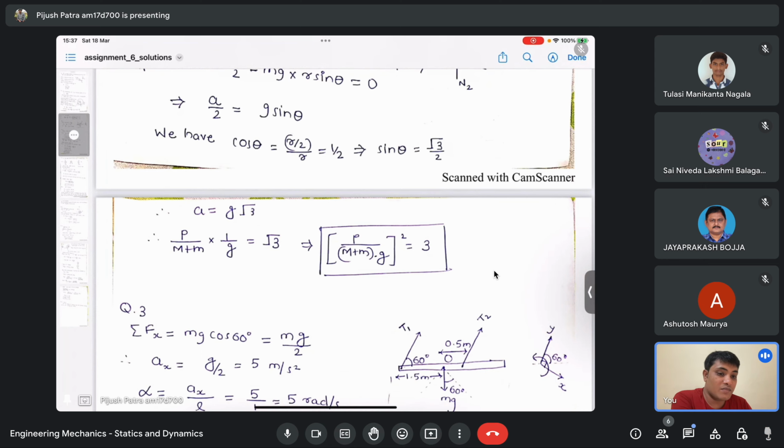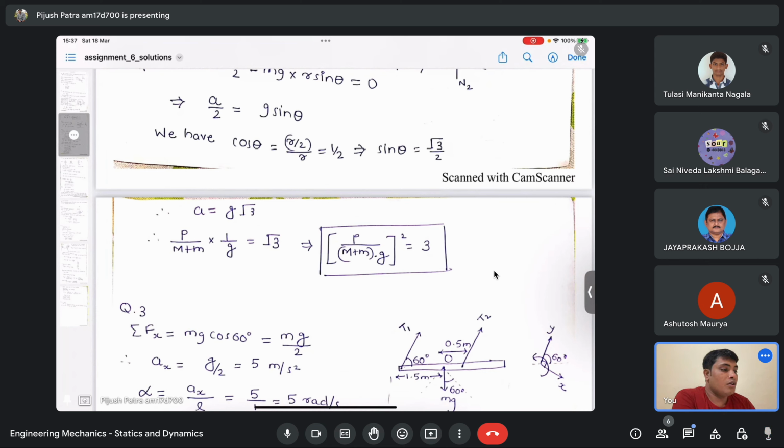The entire frame is moving with some acceleration along with the cylinder, and if you sit on the frame and observe the cylinder, from the outside you will see that the cylinder is moving in the opposite direction, but from the frame you can take it into account as if it is moving. There will be a pseudo force on the cylinder, acting in the opposite direction, which is m into a. That is the whole concept.